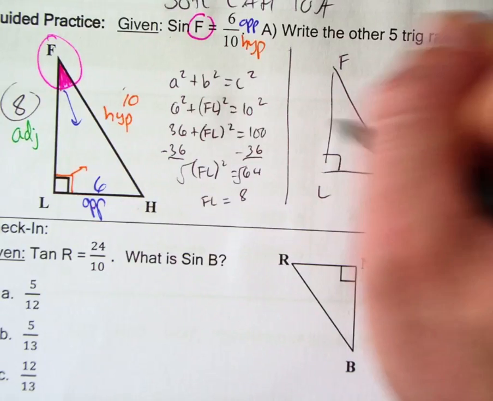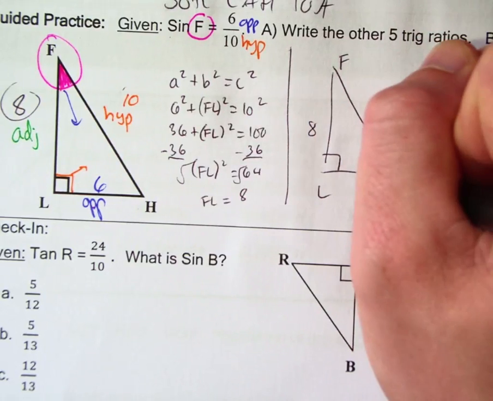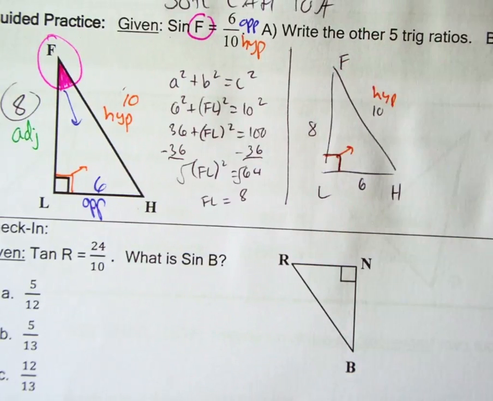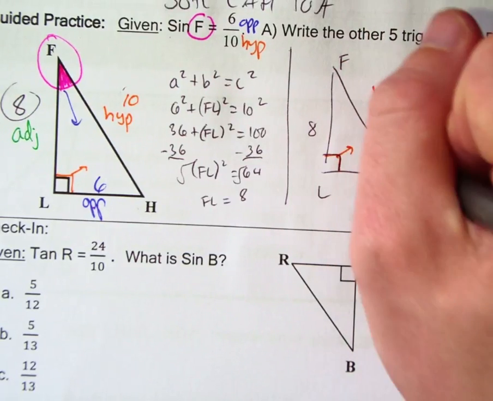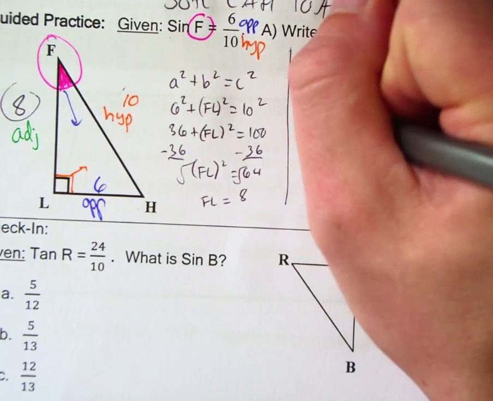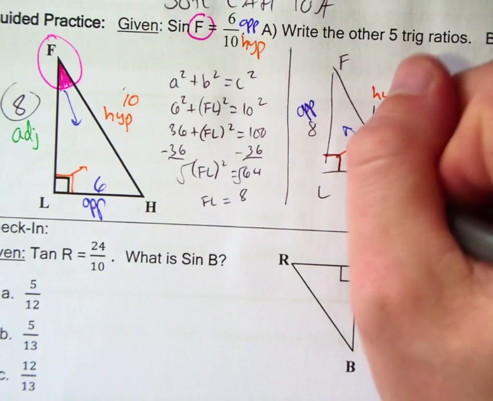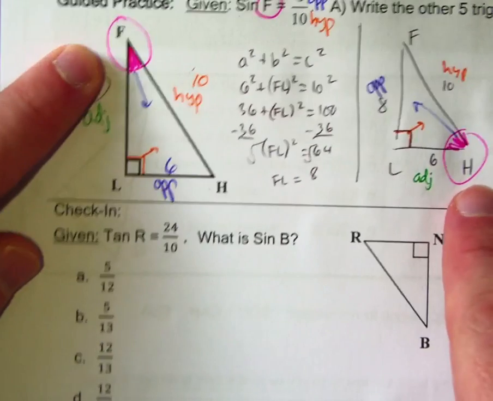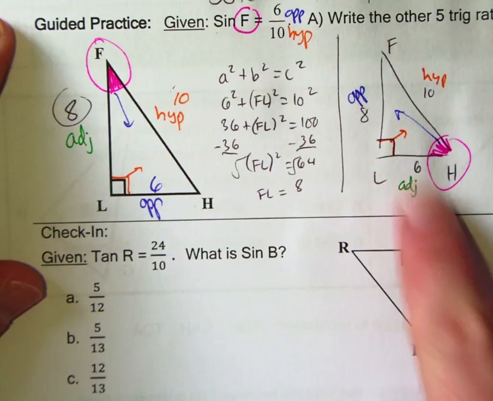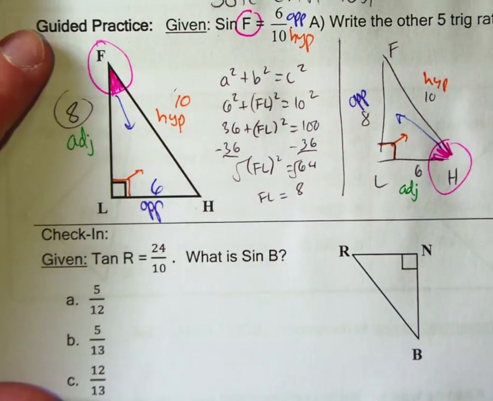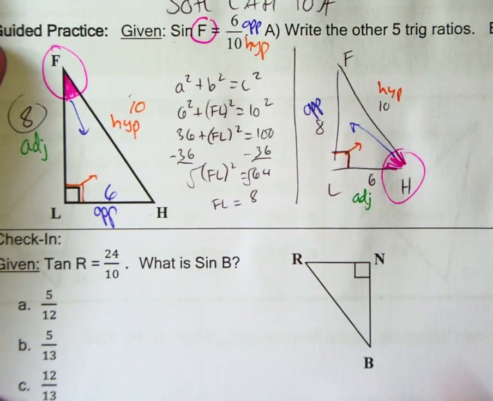Numbers and letters stay. And I just built a new one. Take a look how my reference angles have changed. The opposite and the adjacent changed. Hypotenuse stayed the same. Numbers stay the same spots too.